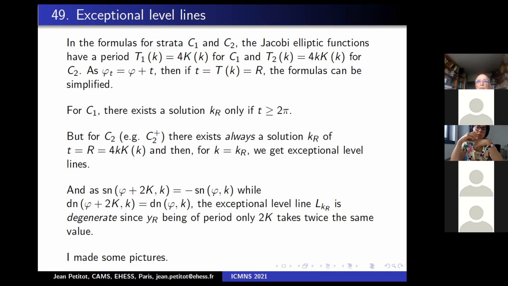And because of the periodicity of the elliptic functions sn and dn, and the fact that dn has period 2 cap K while sn has only period 4 cap K, the exceptional line LKR is degenerate.